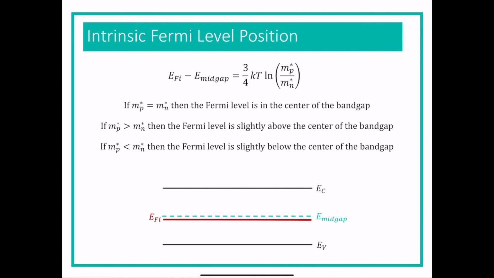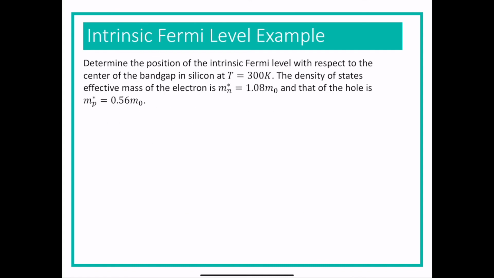depending on material. So as a last example for the day, we're going to figure out the position of the intrinsic Fermi level with respect to the center of the band gap, because anytime we find a Fermi level, it's always got to be with respect to something. So it's going to be with respect to mid-gap or intrinsic Fermi level or whatever.